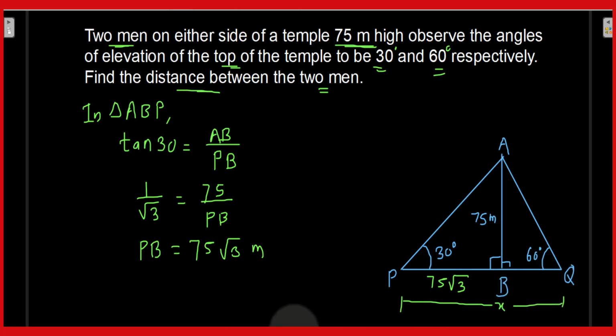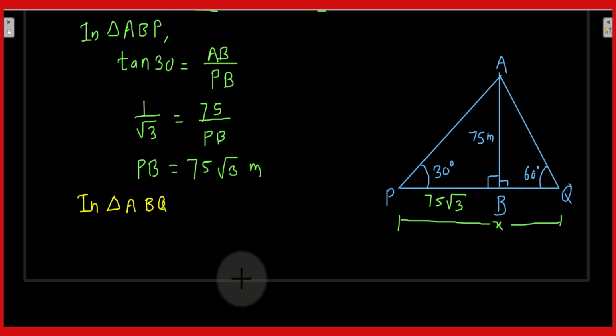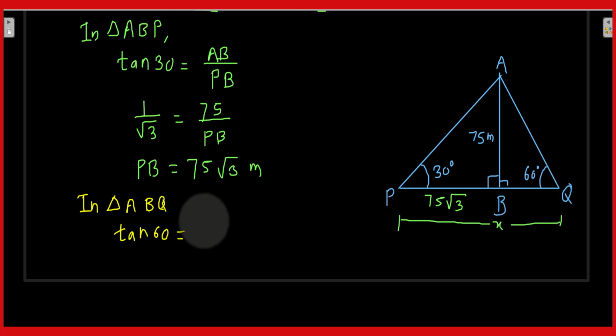Similarly in triangle ABQ, we have tan 60 equal to opposite upon adjacent. Opposite is AB and adjacent is BQ, so it is 75 upon BQ.